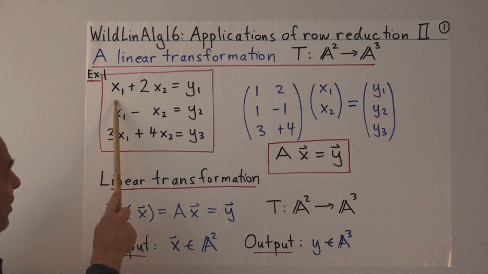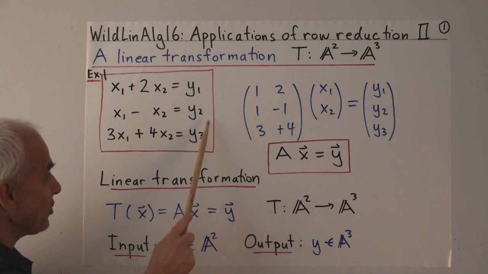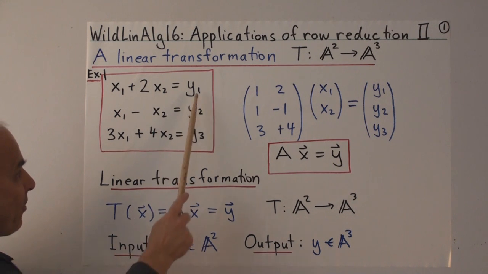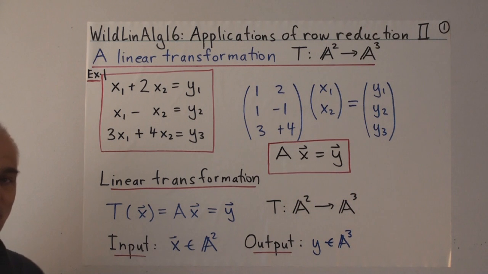We have variables x1 and x2 and variables y1, y2, and y3, and we have a linear relationship between them. y1, y2, and y3 are expressed as linear combinations of x1 and x2.